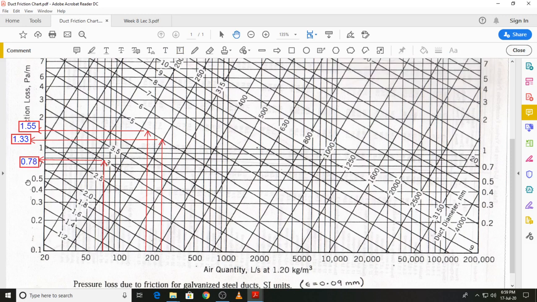And then segment 4, volume flow rate is 95 liters per second. So this is 90, 95 will be quite close to the value for 100. And again the velocity is 3 meters per second.